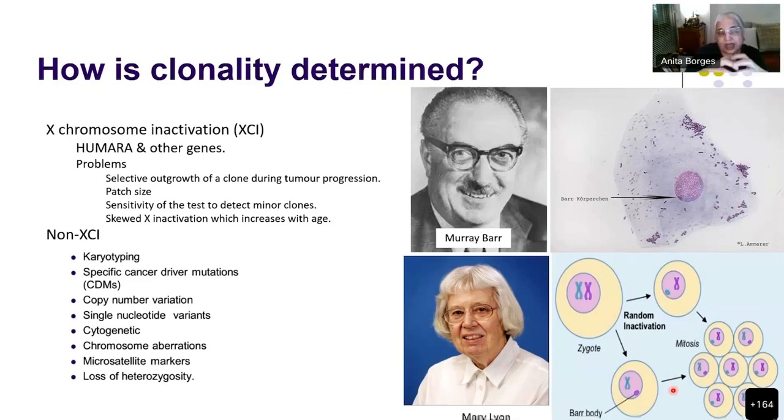will have one or the other inactivated. So in any organ, you'll have some cells that have the paternal gene inactivated, some cells that have the maternal gene inactivated, all right?